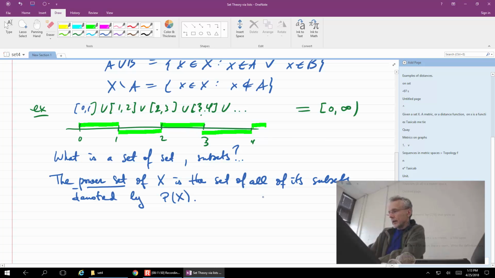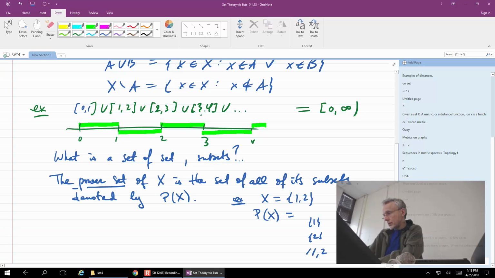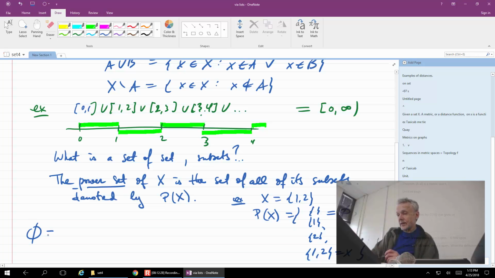Let's take a few examples. Say my set X is {1, 2}. What are the subsets? Let's list them: {1}, {2}, {1, 2}, which is X, and at the other end, the empty set. There is a nice notation that I like for the empty set, though I never use it: a list with no entries.